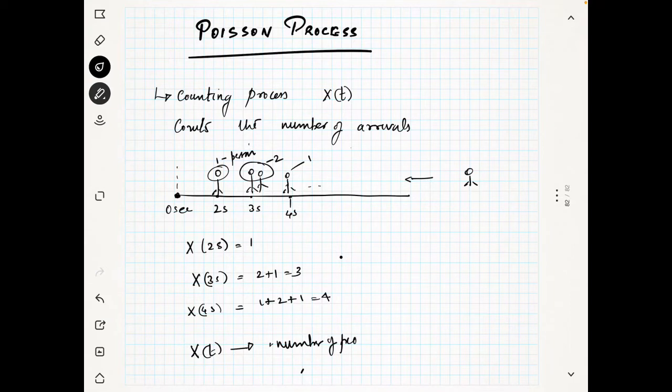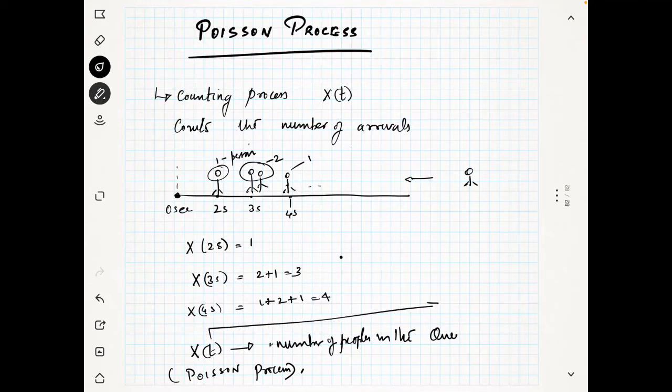This kind of random process is known as the Poisson process. It represents the number of people in the queue, or the total number of arrivals.